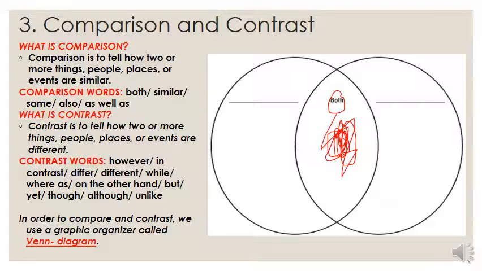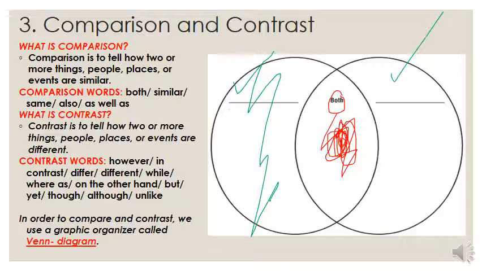Now, on the other side, let's use another color. The green part here and the green part here are used to write the differences. Let me give you an example. If I am comparing airplanes and helicopters, I write the similarities here in the middle. I write everything about helicopters here, and everything about planes here.